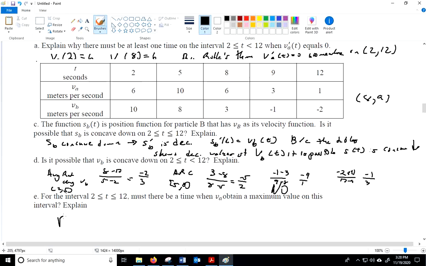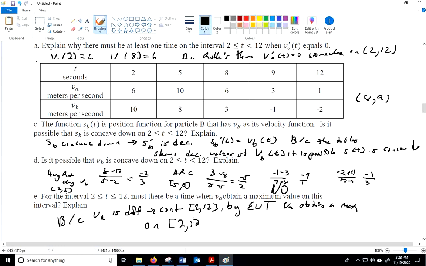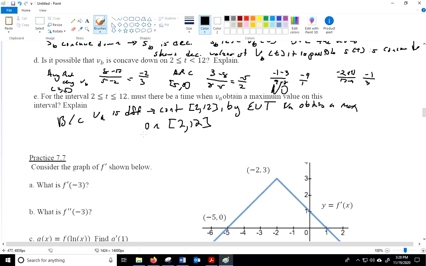So, because V sub A is differentiable, and therefore continuous on the interval from 2 to 12, by the extreme value theorem, we got the MVT, the IVT, and the EVT. By the extreme value theorem, V of A obtains a max on this interval somewhere. We know it must. That is guaranteed by the extreme value theorem.